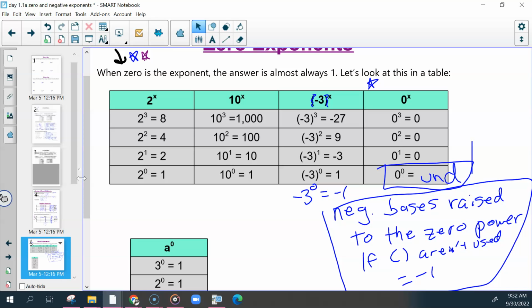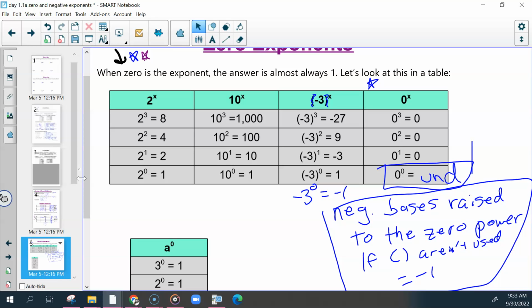So if I divided by 2 here, it would make sense that 2 to the 0 is 1. And I could apply this all the way through. If I have 10 to the 3rd, that's 1,000. 10 squared is 100. 10 to the 1st is 10. Each time, I'm really dividing by 10. So if I divided by 10 again, I would get 1. Same thing here, even though this is negative. I'm dividing by negative 3 each time.